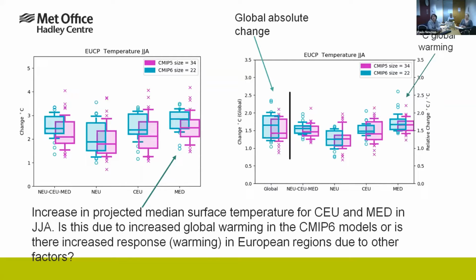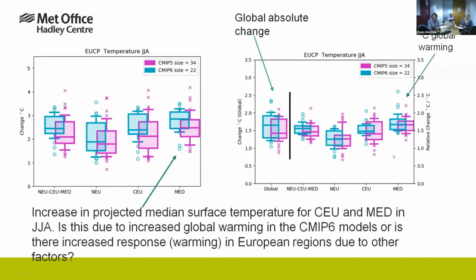To answer that, on the right I looked at the relative change in temperature per degree of global change. Just for reference, this is the absolute global change in temperature between the CMIP6 and CMIP5 models, and on the right, these four plots are the relative change.